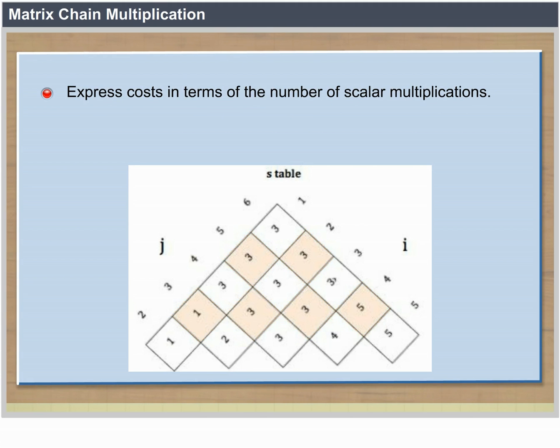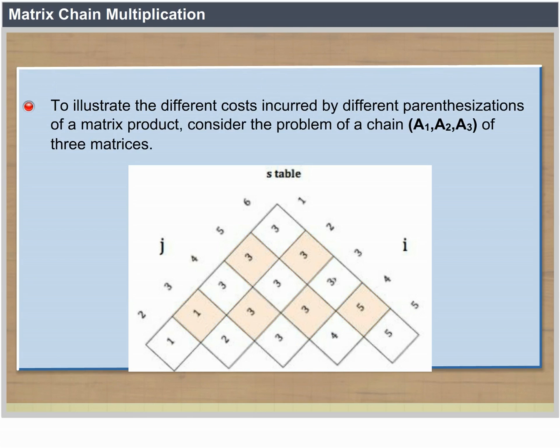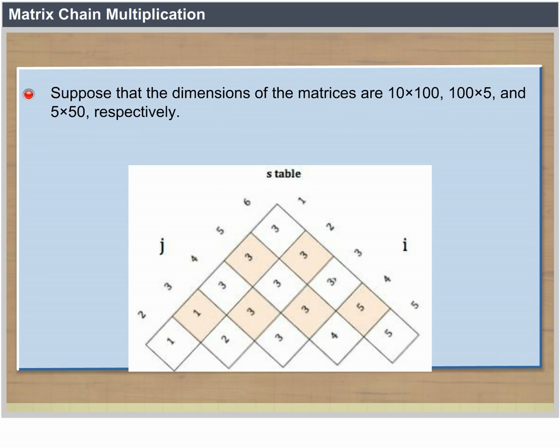To illustrate the different costs incurred by different parenthesizations of a matrix product, consider the problem of a chain A1, A2 and A3 of 3 matrices. Suppose that the dimensions of the matrices are 10 by 100, 100 by 5 and 5 by 50 respectively.